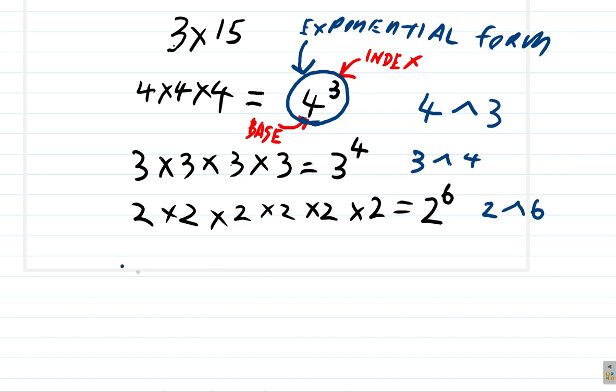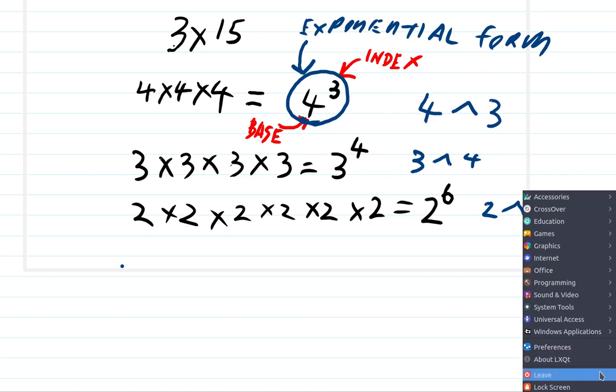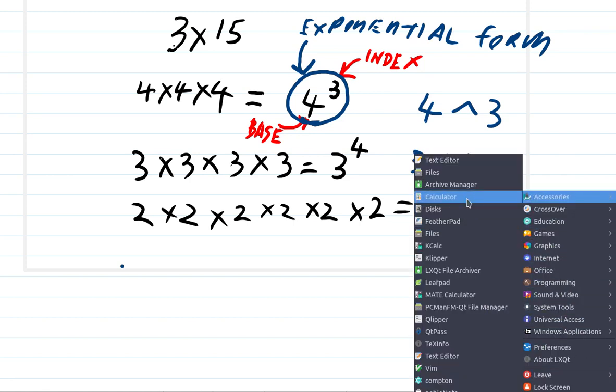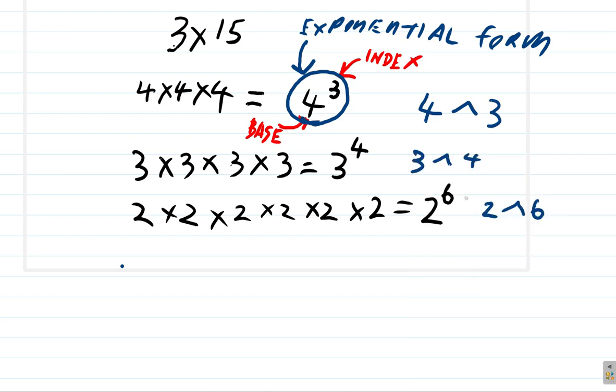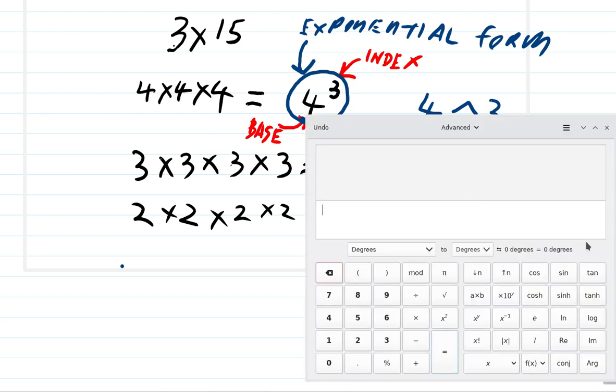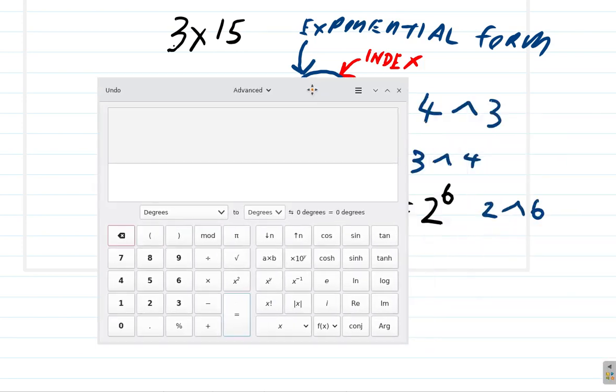So here, talking about calculators, let's look at what. Let me draw my calculator. Here I have my calculator.